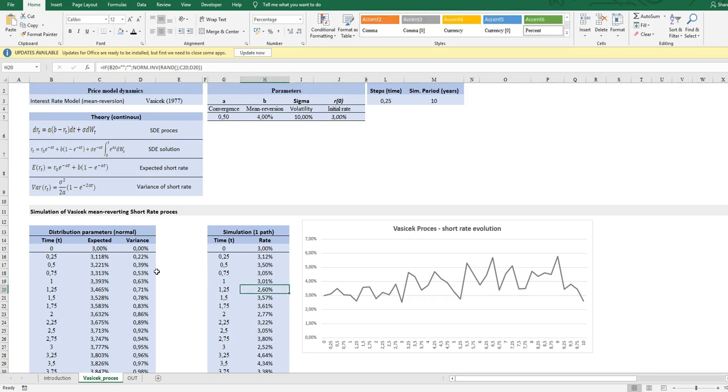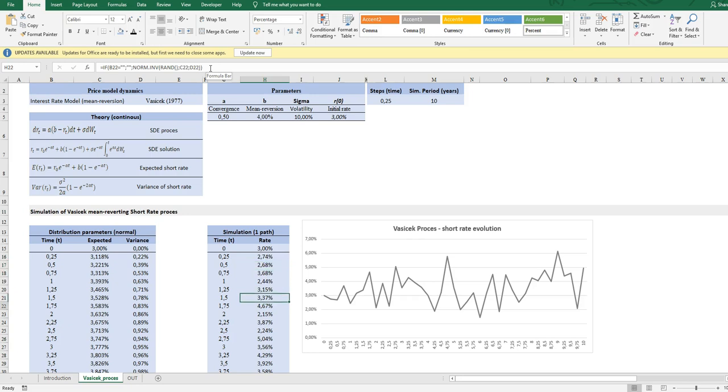And now we'll try to simulate. So we have to draw or invert the normal distribution in order to get a rate. And the way we do that normally is using the NORM.INV function, and we get Excel to choose a random probability in a CDF based on the two moments.